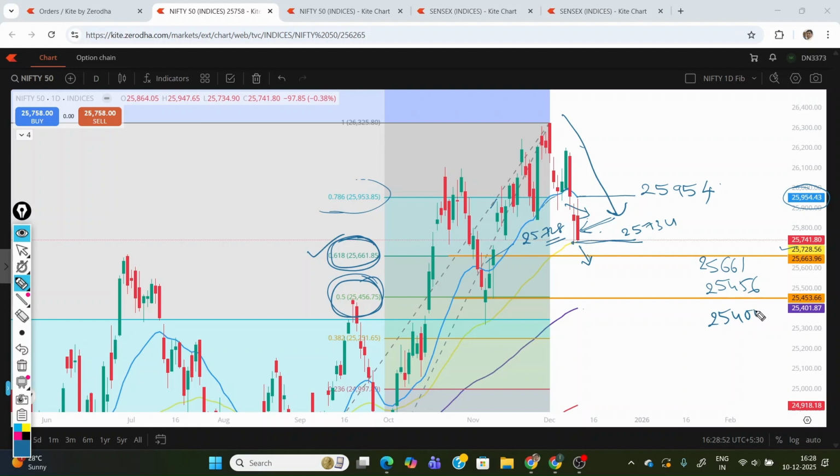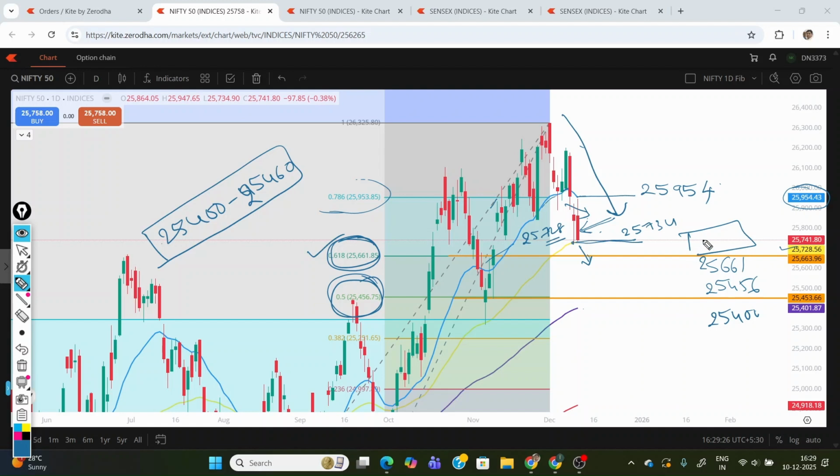Roughly you can say a breach of the 50 period moving average will lead to a big move towards 25,400 to 25,460. So tomorrow is another important trading day where there is a high chance of confirming the trend, from the swing trading perspective.